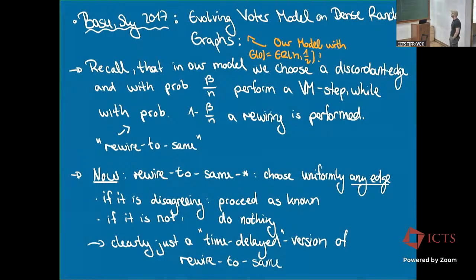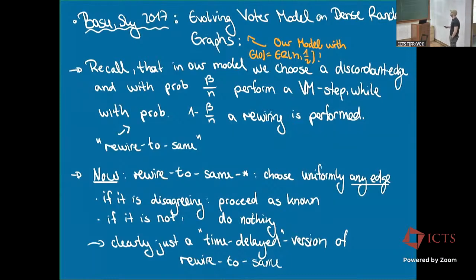And then, just to recall, in our model, we choose a discordant edge. With probability beta over n, we perform a voter model step, while with probability 1 minus beta over n, rewiring is performed. You just rewire to anyone.